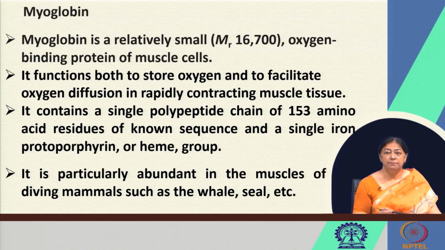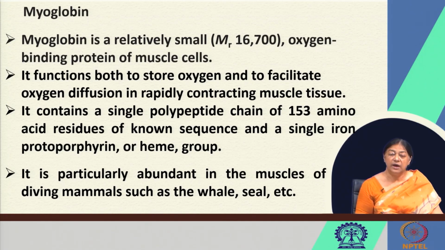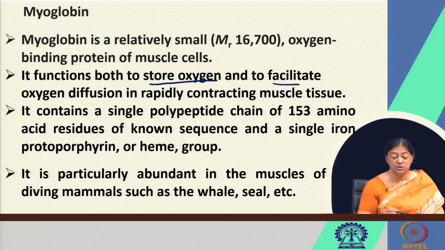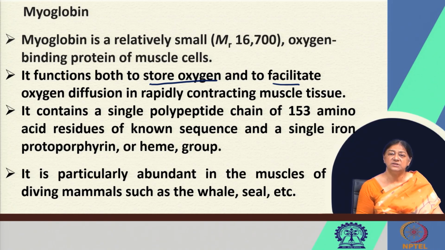Myoglobin is one such example, as we were looking at in the previous slide. It is a small protein, an oxygen binding protein present in muscles. We will look at this in greater detail later on. It functions not only in the storage of oxygen, but facilitates oxygen diffusion in rapidly contracting muscle tissue and is an extremely important protein.